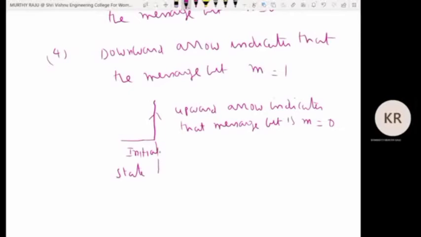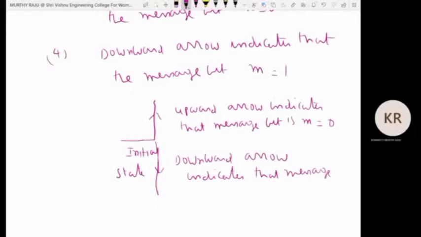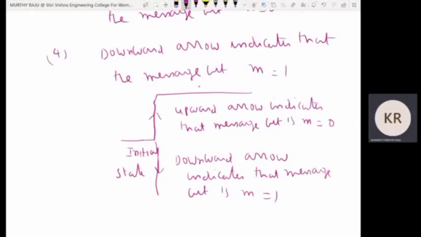Here, a downward arrow indicates that message bit M is equal to 1. Some output is indicated on the branch, and this transition is terminated with the next state.